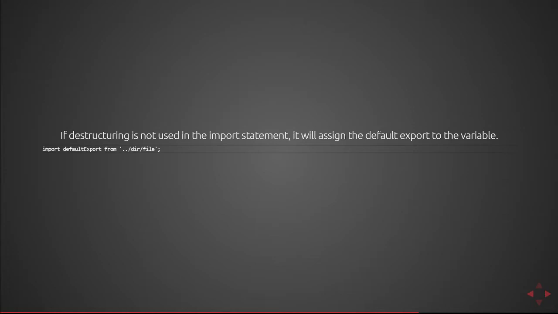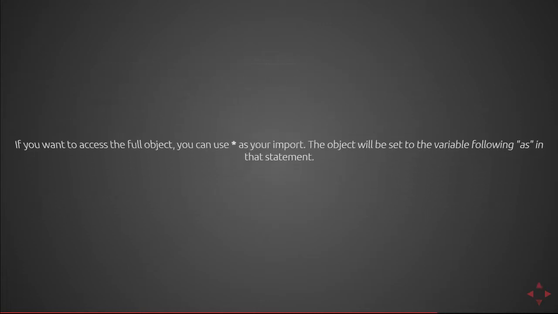So here I say import defaultExport from the file location. That default export that we covered in the earlier slide will be assigned to the defaultExport variable. If no default is defined in that file, the defaultExport variable will be set to undefined.